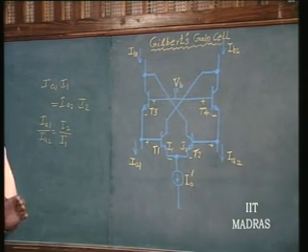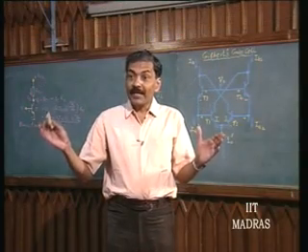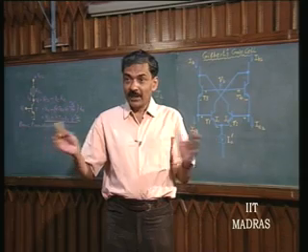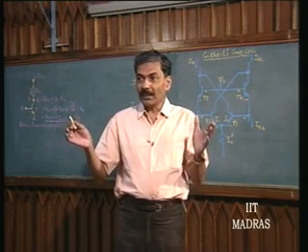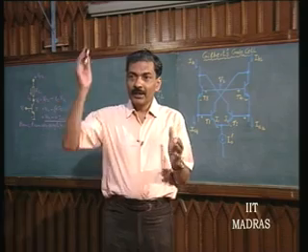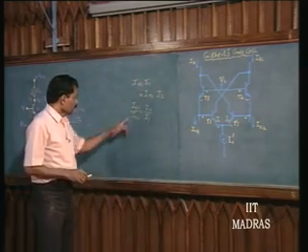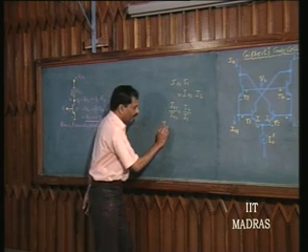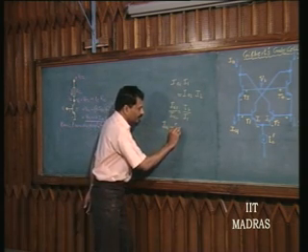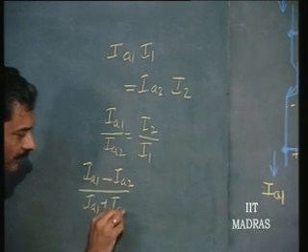This relationship is valid, as I told you, over a large magnitude of variation of current. It is not a small signal relationship. So, from maybe microamperes to hundreds of milliamperes, this relationship is valid. So, now suppose we write it as IA1 minus IA2 divided by IA1 plus IA2.